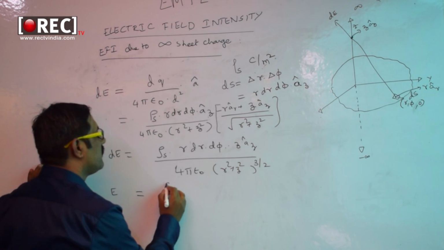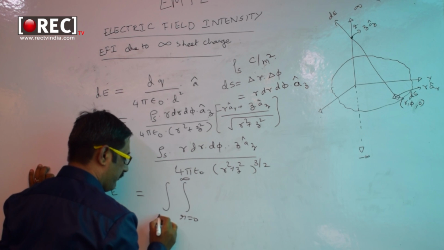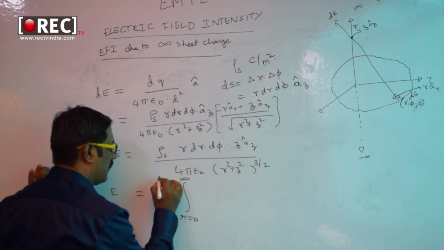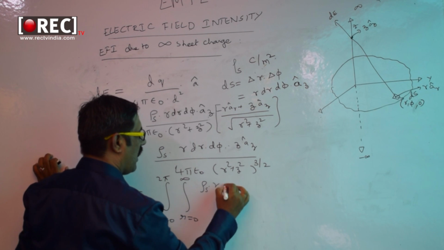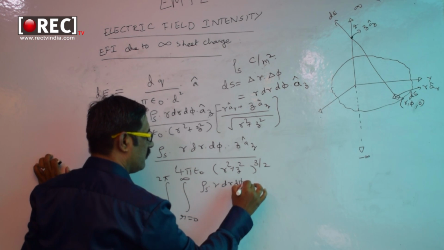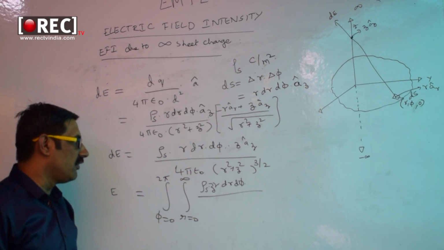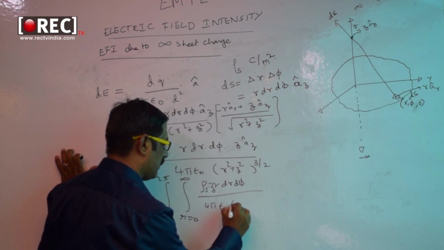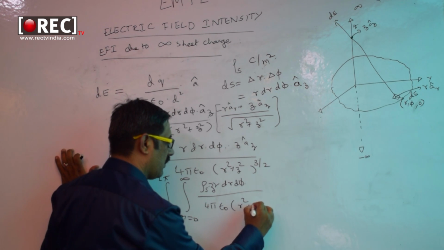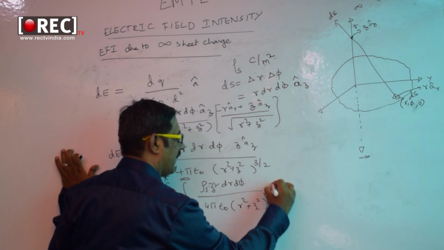So you are having a double integral, r varies from 0 to infinity and phi varies from 0 to 2 pi, and the expression is rho s into z into r dr d phi divided by 4 pi epsilon naught into r square plus z square to the power of 3 by 2 into az cap.